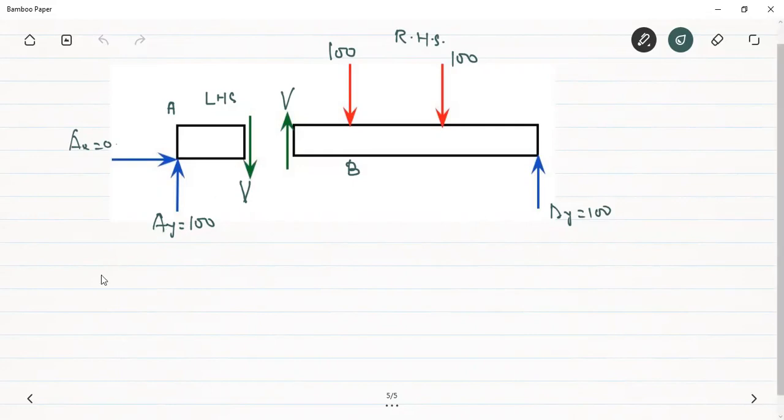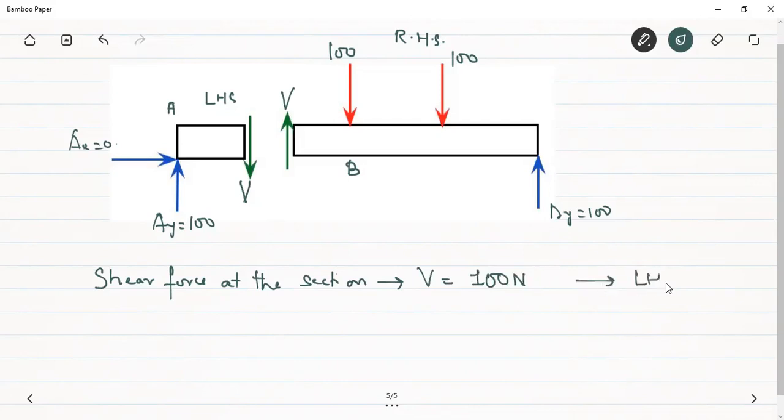Therefore, the shear force V at this section will be equal to how much? 100 newtons. What I am taking here is currently the left hand side of the section.